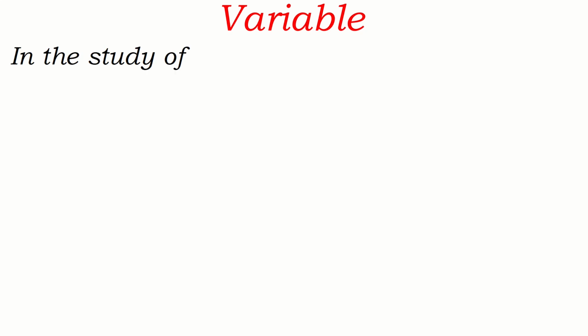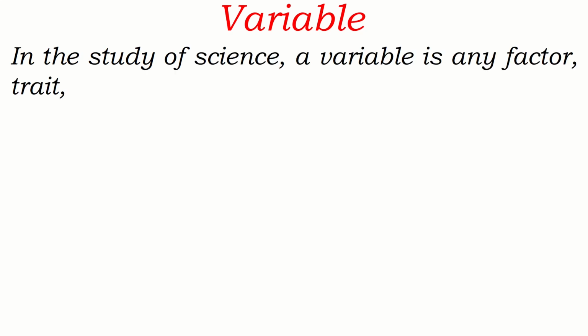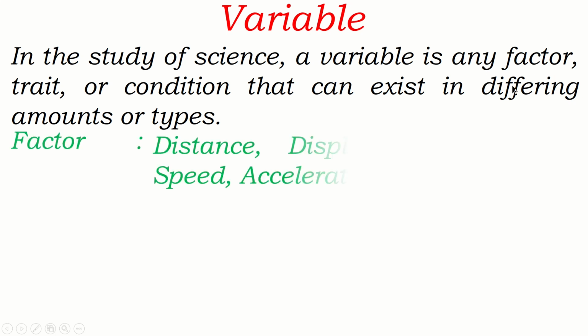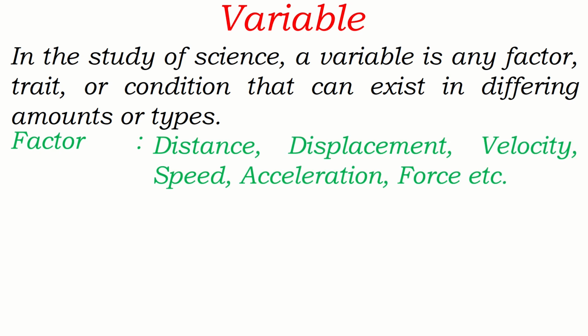What is a variable exactly? In the study of science, a variable is any factor, trait, or condition that can exist in differing amounts or types. What does it mean? A factor may be distance, displacement, velocity, speed, acceleration, force, etc. All these variables are factors.